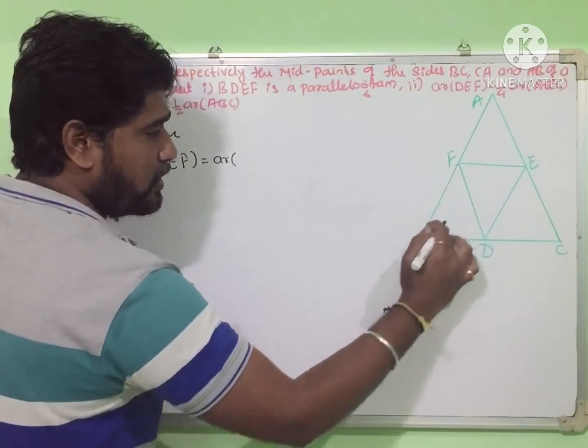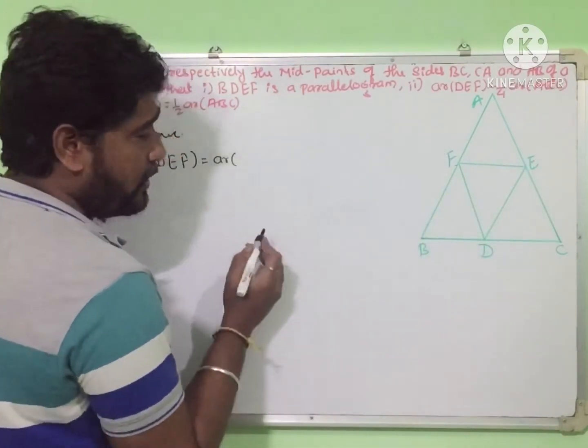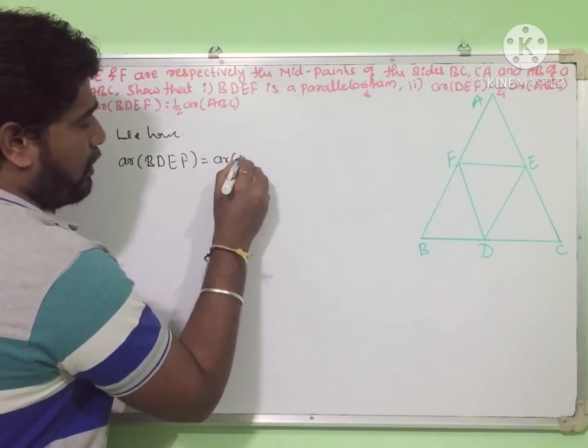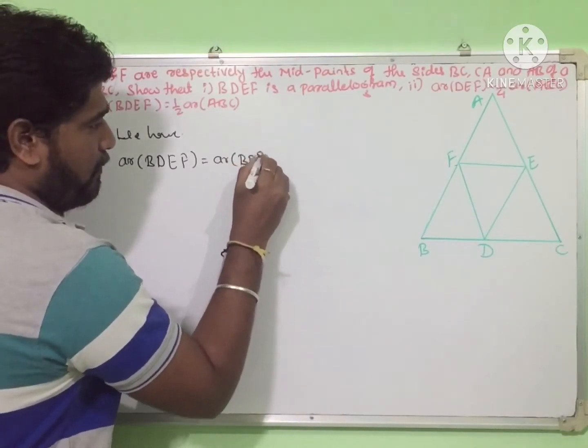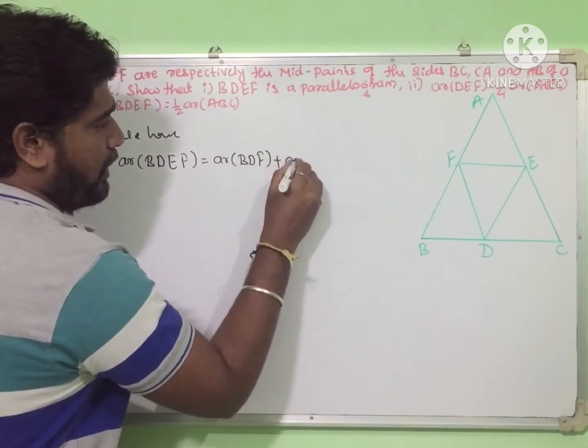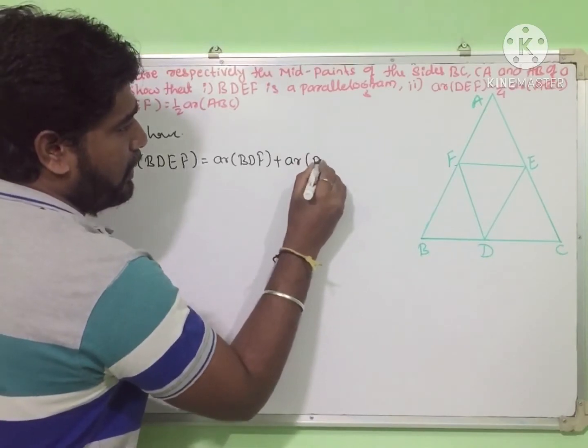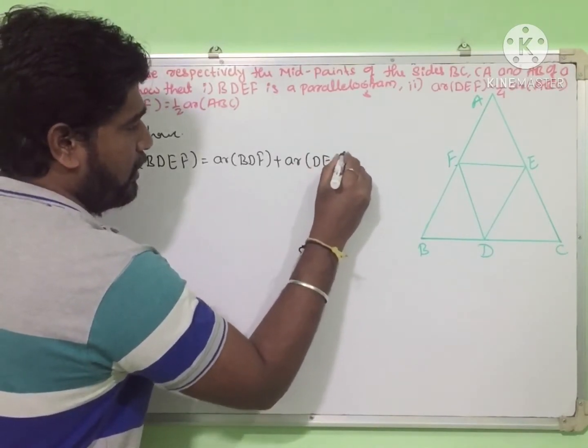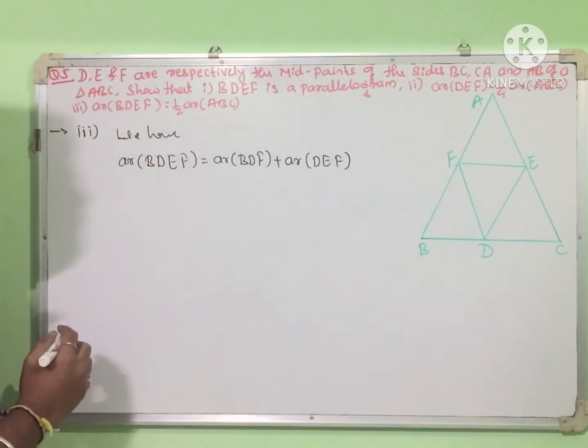The sum of these two is BDEF. So write down area of BDF plus the area of DEF, right?